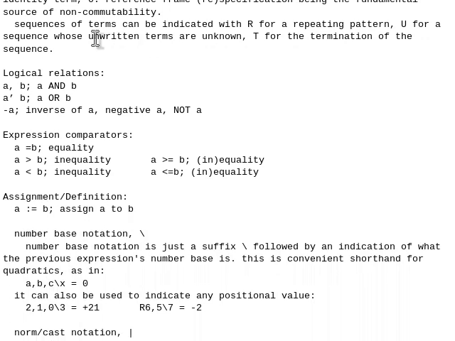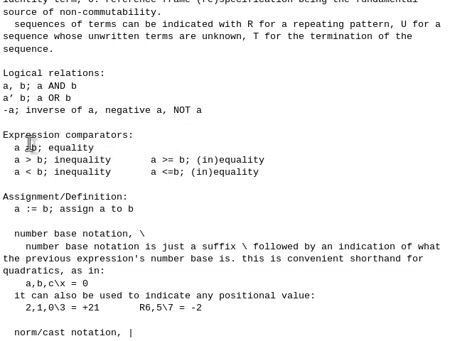Yeah, so I've added logical relations. So the comma is and, that's always been the case. And then an apostrophe is or, so it's like a comma but higher. This is inverse, so this is a built-in part of the language, right? The negative is the inverse or the negative or logical not. Okay.